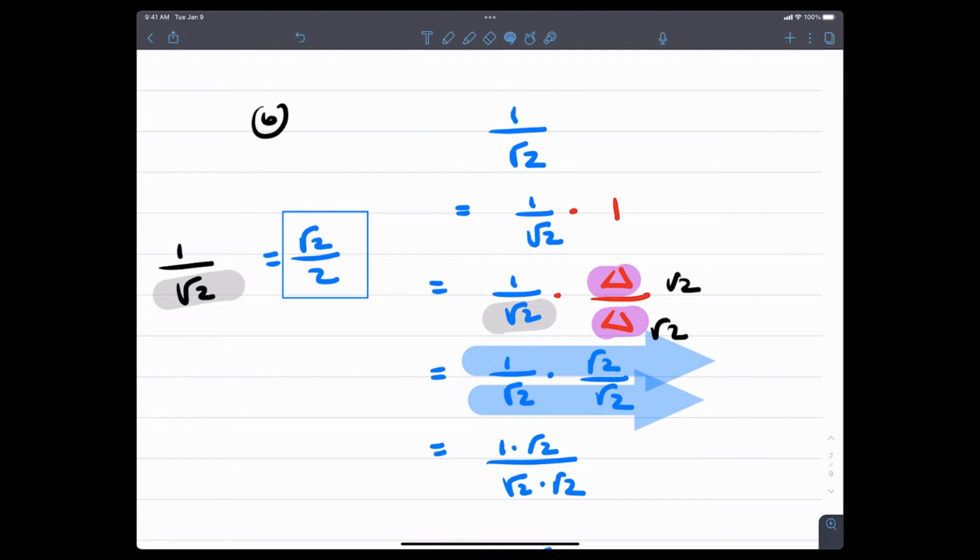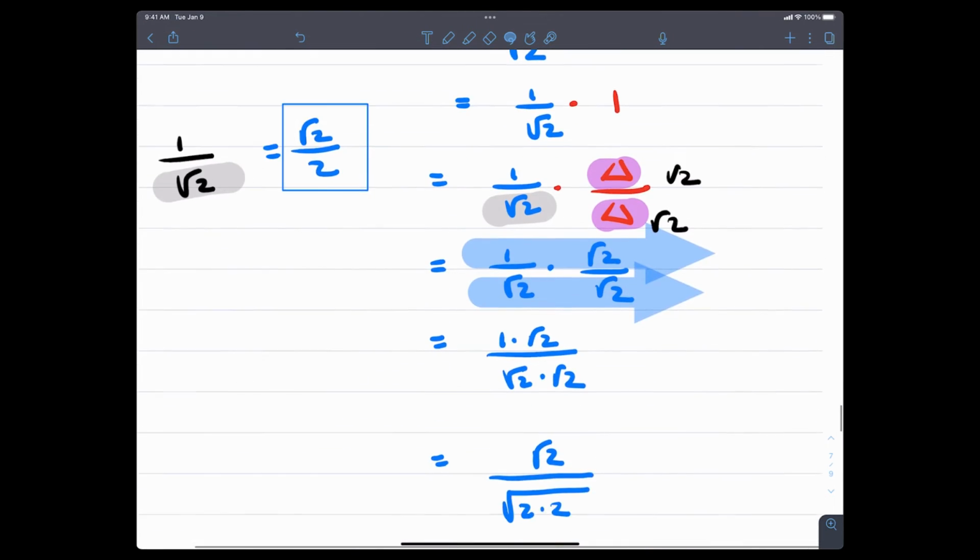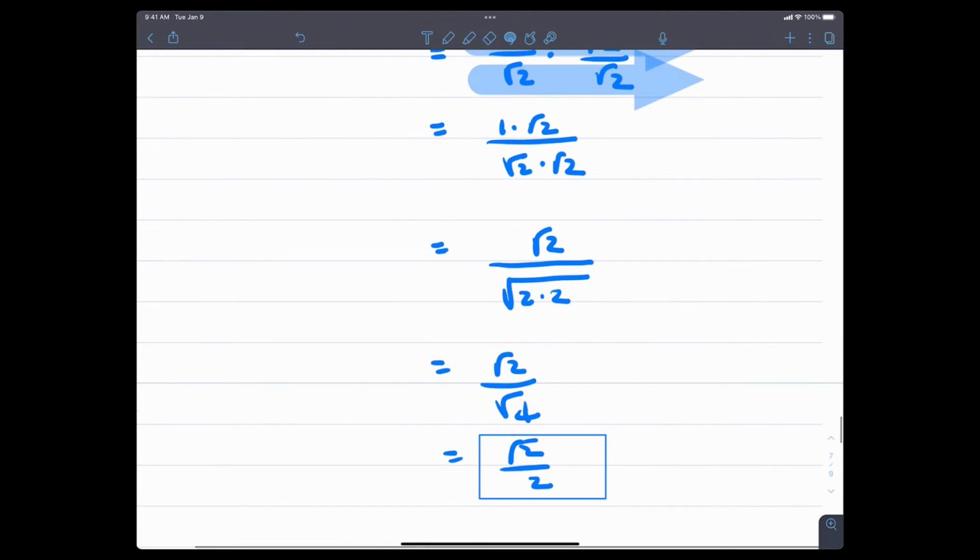So did you do what they said? Rationalize the denominator? Yep. And that's the process. I want to go back here really quick because I remind students, if you have the square root of a triangle times the square root of a triangle, that's the triangle itself. There it is.